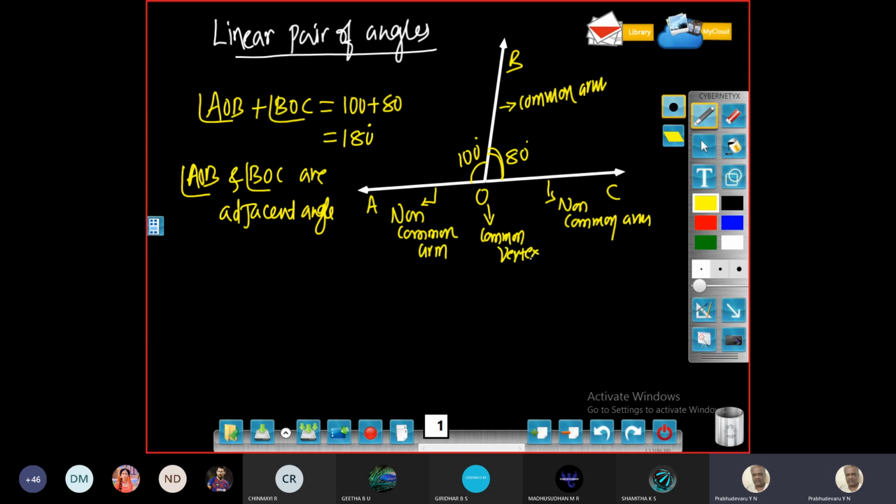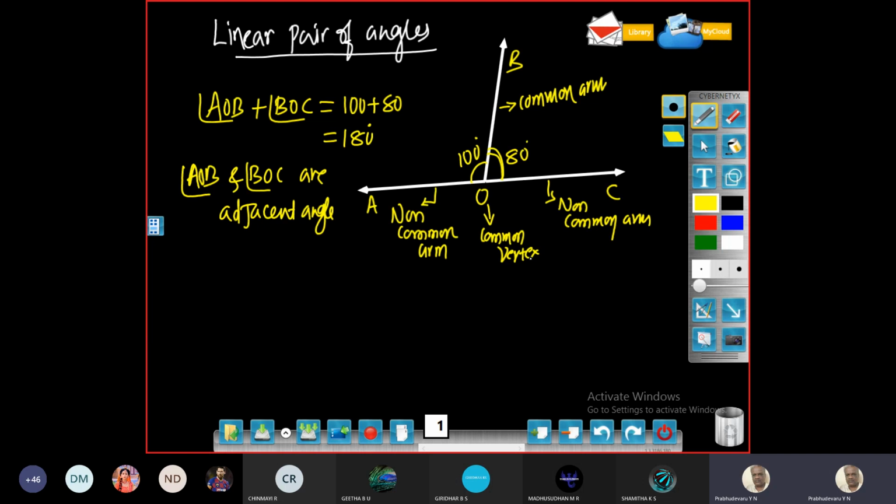So therefore, here we have two important properties. These two angles are adjacent angles, and also the sum of these two angles measures 180 degrees. So therefore, we call these two as a linear pair of angles.